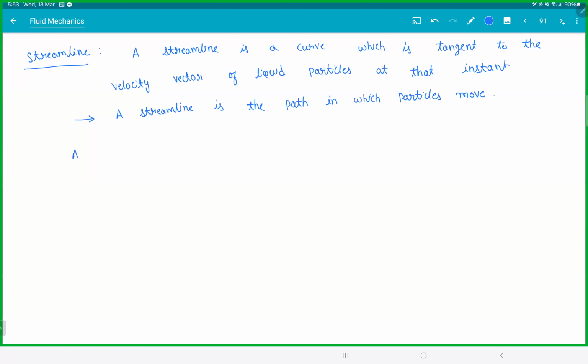A collection of streamlines is called a streamline flow, or steady flow.